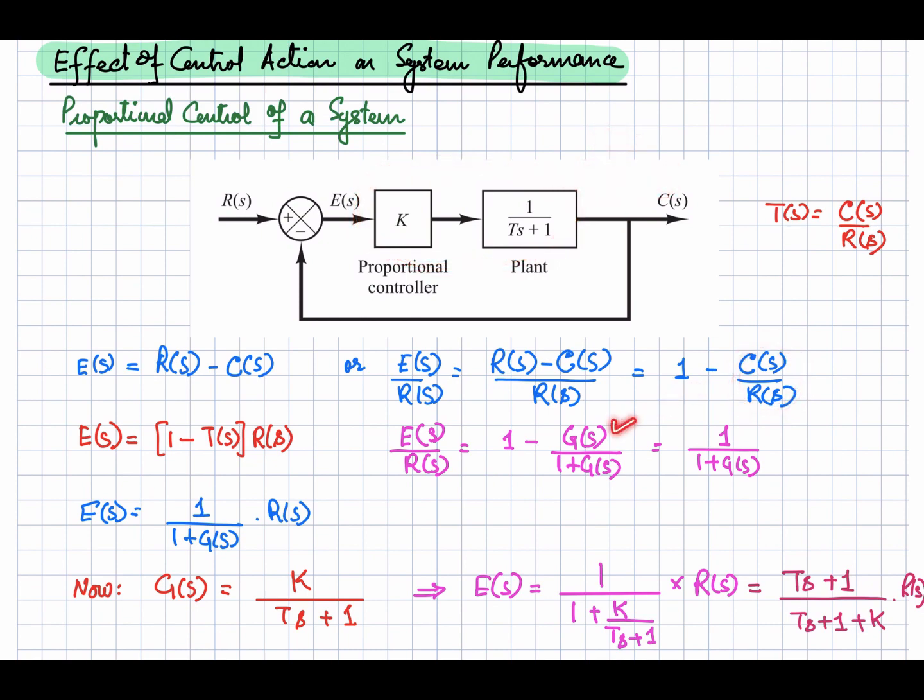So taking this from this block diagram, we can write that the error with respect to the input is given by this expression. So error signal can be written like that: error is equal to 1 over 1 plus G(s) into R(s), where R(s) is our input.